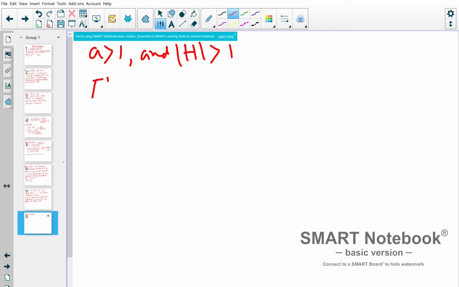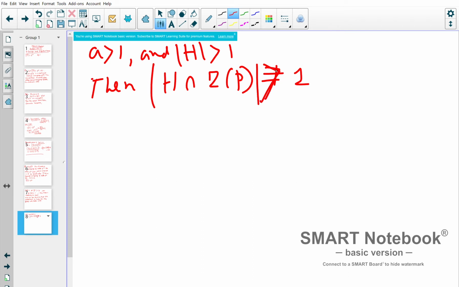Then what happens? Then the previous theorem tells me that H intersection center is non-trivial, right? So when I say this, I mean non-trivial, so the cardinality is bigger than one. Both are the same meaning. This means H intersection center is non-trivial. Okay. So what does that mean? That means this is a P group and it is more than one.